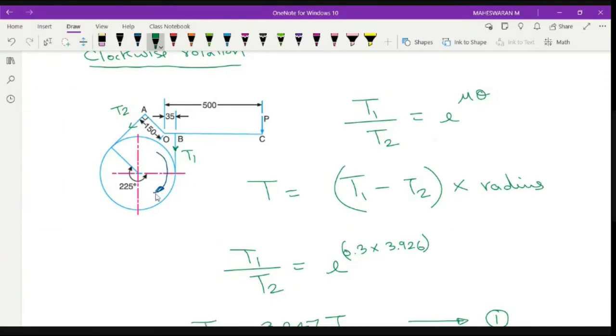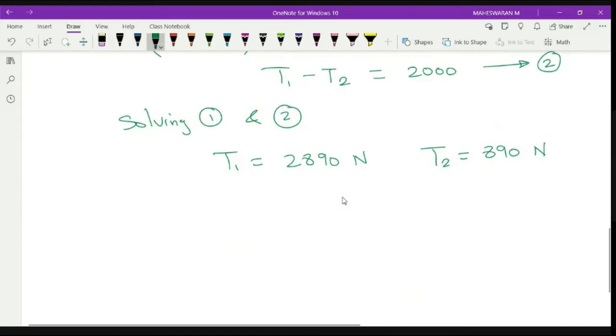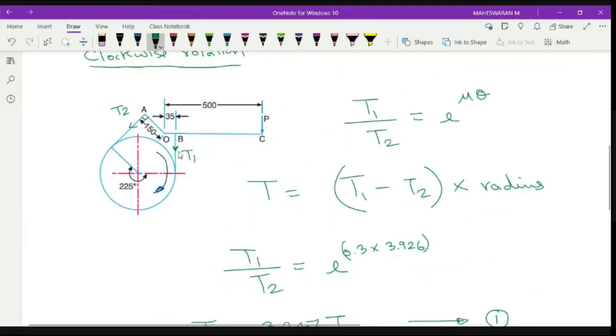Make sure, even if it rotates anti-clockwise, it doesn't matter. Only your T1, T2 positions change, but your formula is the same. It is always tight side by slack side. So there is no change in these formulas, and you will get the same values of T1 and T2. The only thing that differs is the force: instead of this being T1, this will be T2. That alone will change.